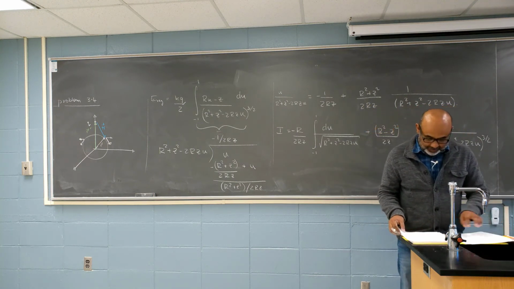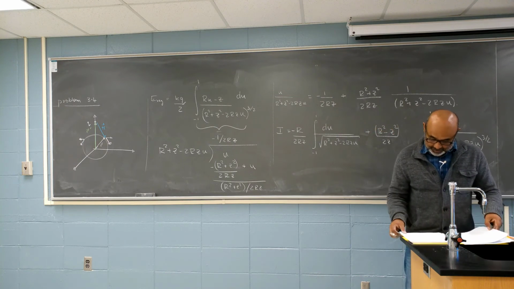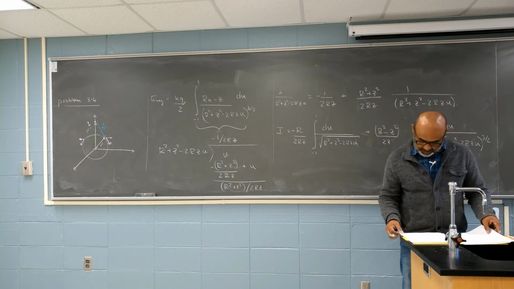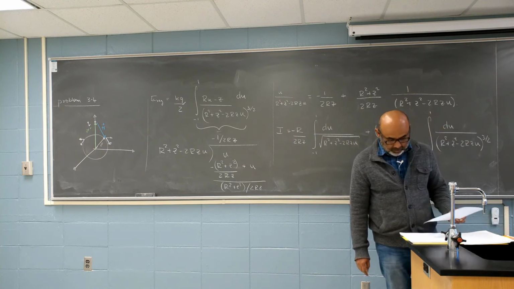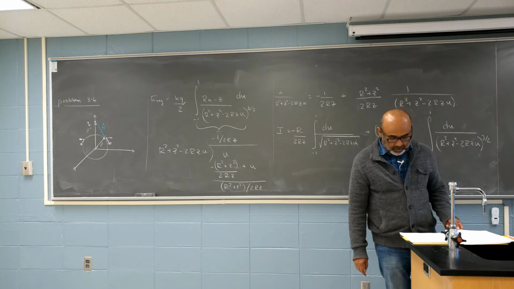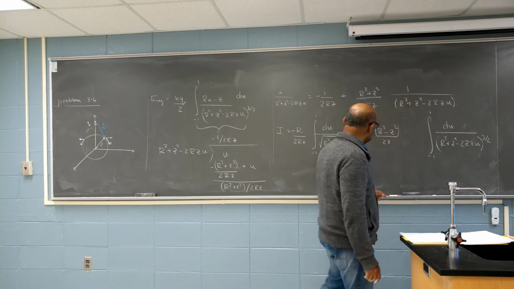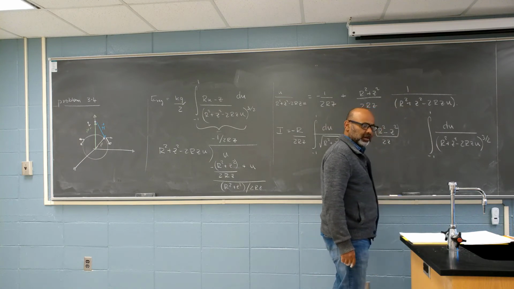I have a cleaner version here. Yeah, so my notes have a mistake. I think it is simply 2Z, correct?